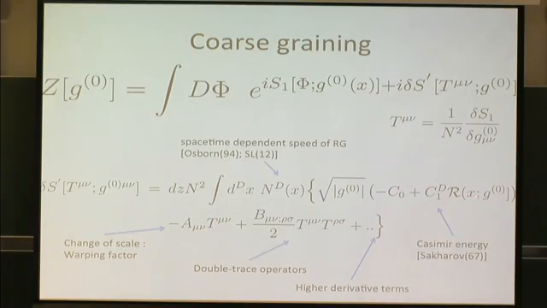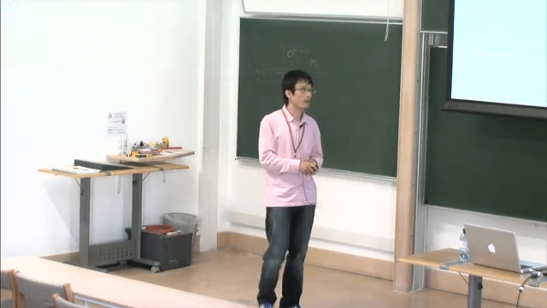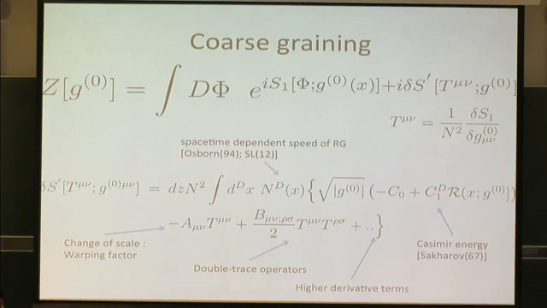So first again the Casimir energy. As was noted by Sakharov in the 60s, we integrate out high energy modes in the presence of a background metric. Then you generate a gravitational action for the background metric.